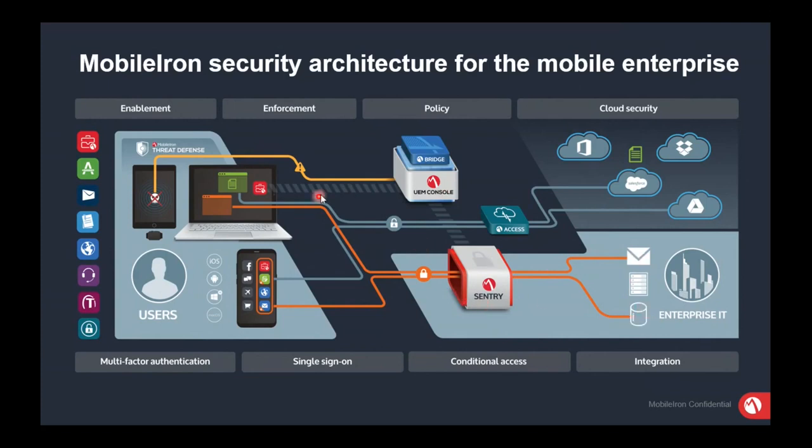When a device is registered, you will notice this orange box, a logical container that is created. Whatever happens inside the container stays inside the container, and we'll be doing some DLP features on it. Anything copied, or any email shared within these apps, will stay inside the container, and the container is encrypted on the device, separated from the personal applications.